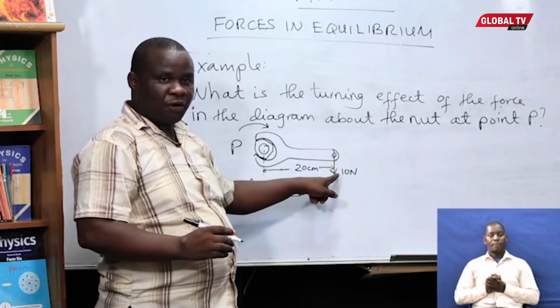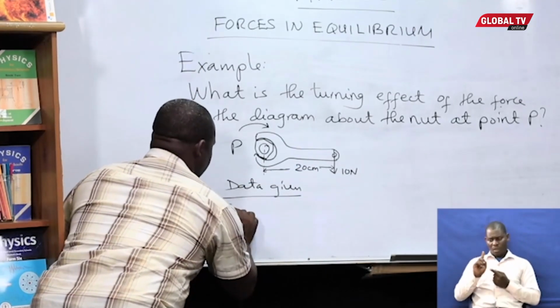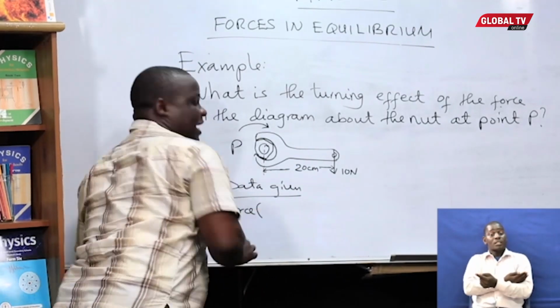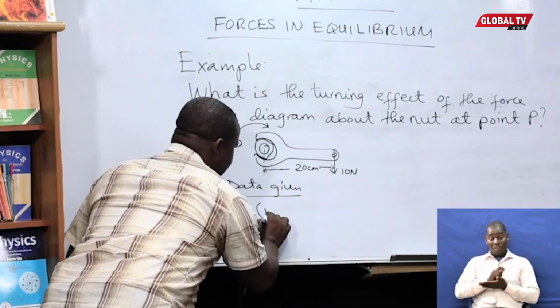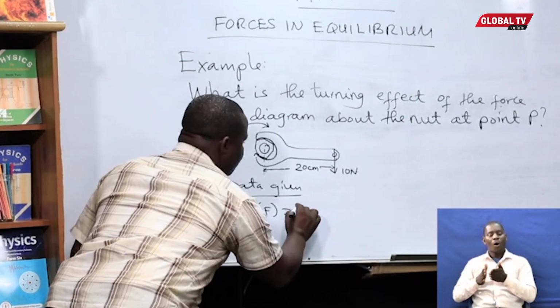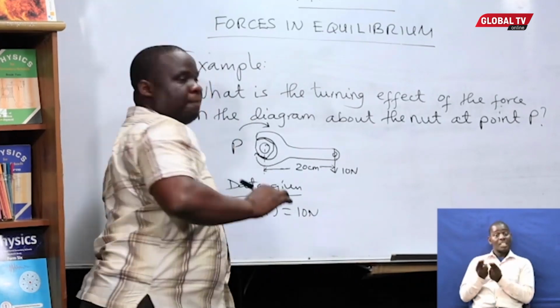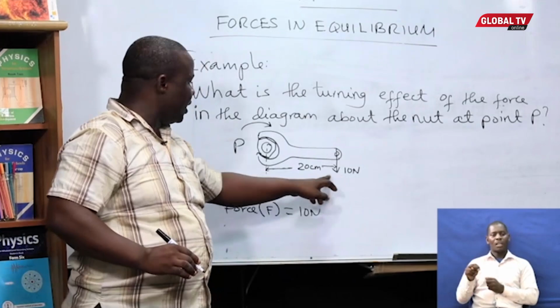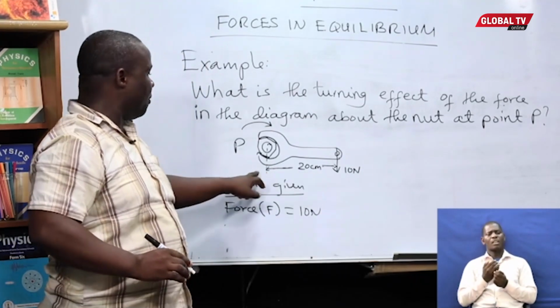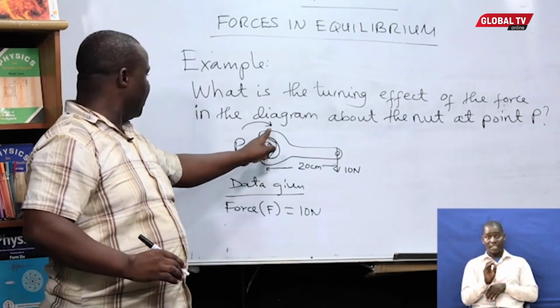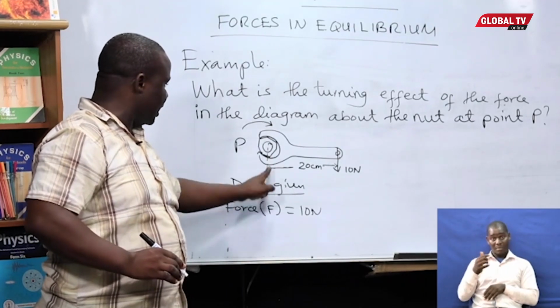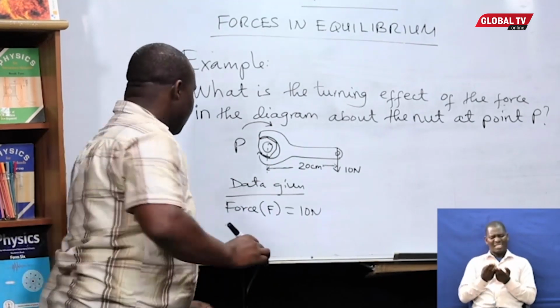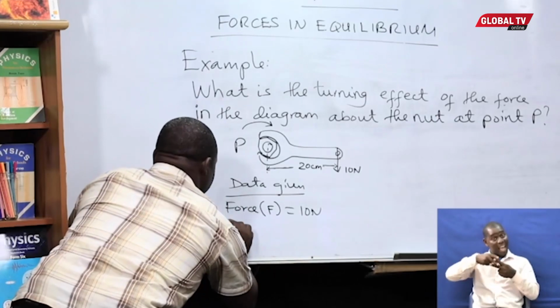Firstly, we have a force, F equals 10 Newton. This 10 Newton is located 20 centimeter away from point P, the center of the nut. So this is the perpendicular distance.